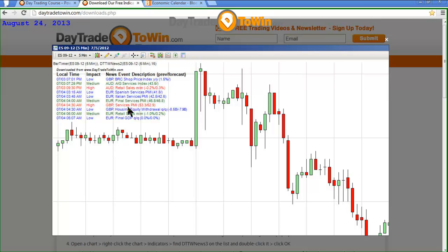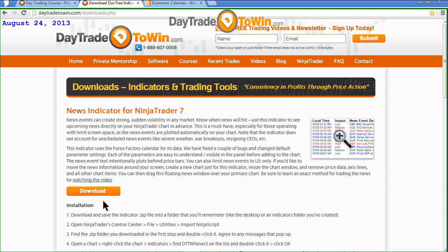You can actually make this whatever you want. You can have it only for European, for the currency traders. You can have it for the US. You can have it high priority, low priority. There's a lot of different settings there. But you have an indicator that plots directly on your chart. And a lot of traders email me, say this is great because they always forget, but this is always staring you in the face. So you can go to DayTradetoWin and get this news indicator.